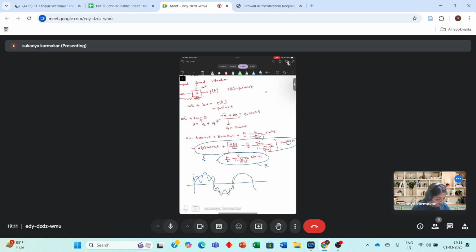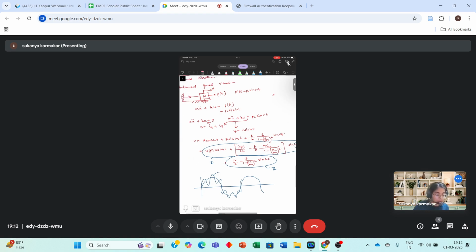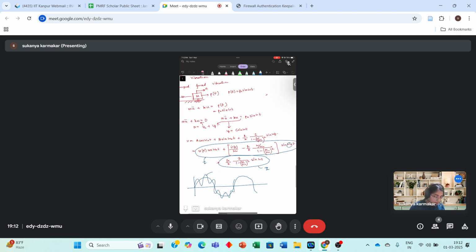So this will be your total response. This is an undamped situation, so here it will not die out. But when you look at the damped forced vibration solution, this first term will die out. That is why the term transient.